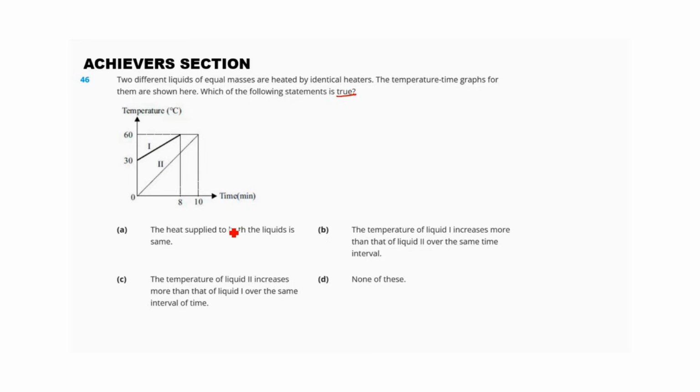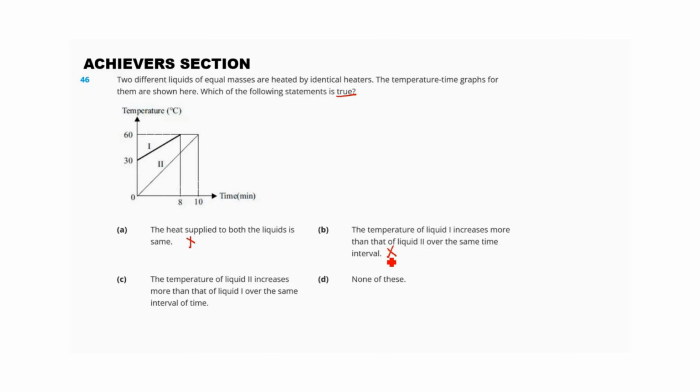First statement says the heat supplied to both the liquids is the same. Wrong, because we can see the temperature difference. So this is a wrong statement. Statement 2 says the temperature of liquid 1 increases more than that of liquid 2 over the same time interval. No, because 1 and 2 have different temperatures, so it is increasing at a different pace.